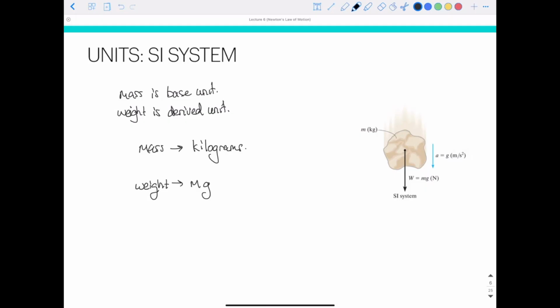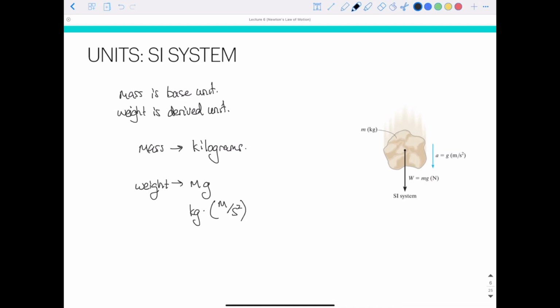So if our mass is in kilograms and our acceleration due to gravity in base units is meters per second squared, we call this a force.